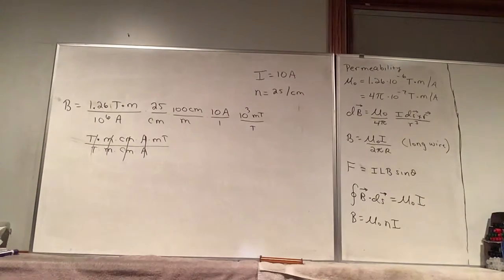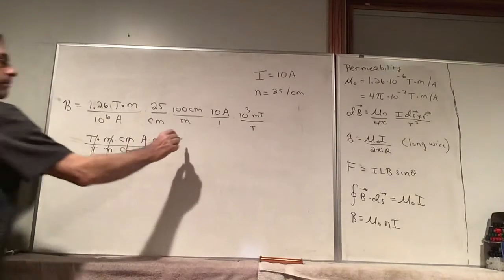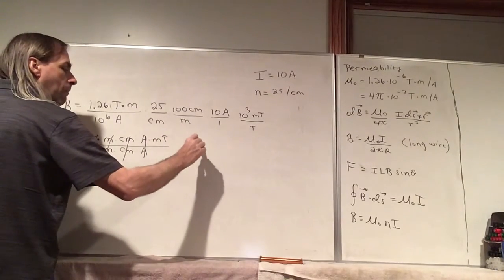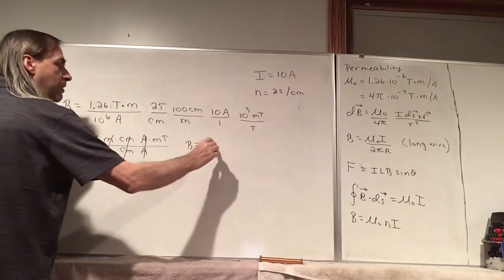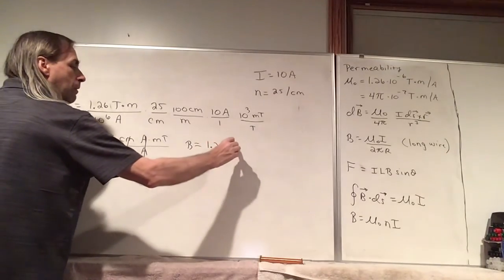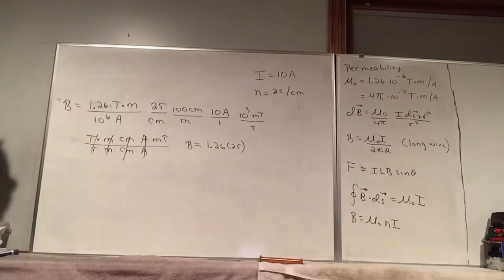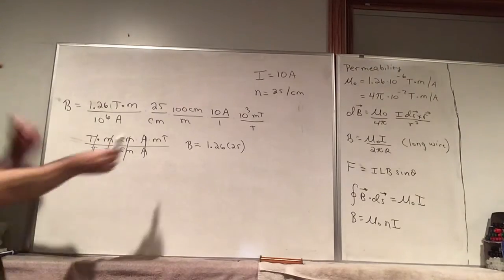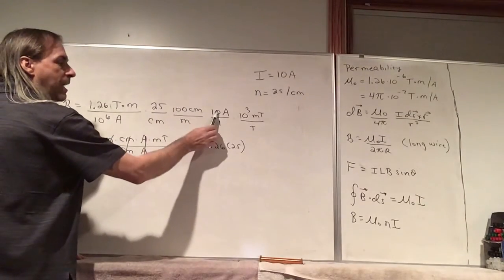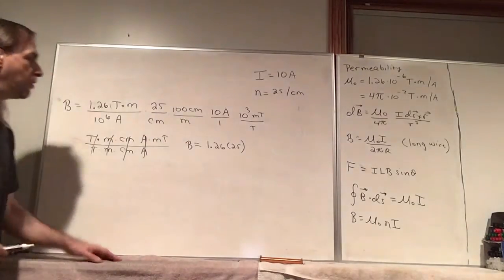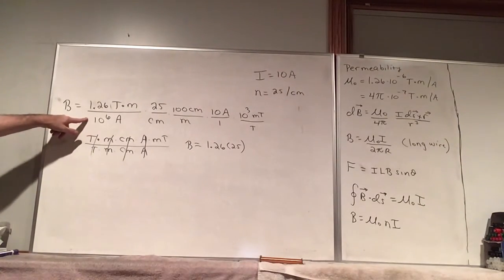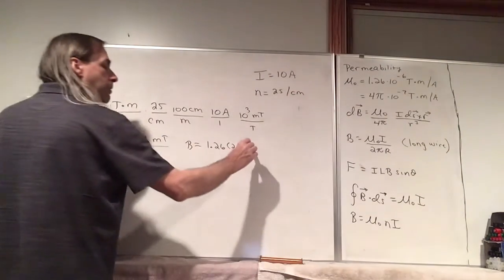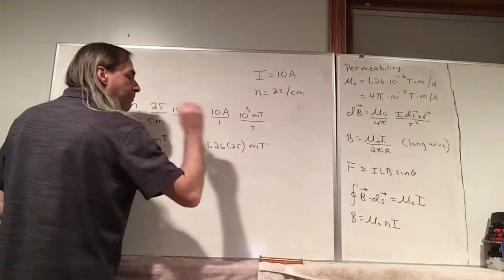So we'll get a magnetic field in milliteslas. So we have 1.26 times 25. And then here we have 100 times 10 is 1,000, times 1,000 is 10 to the 6. That cancels out the 10 to the 6 on the bottom.